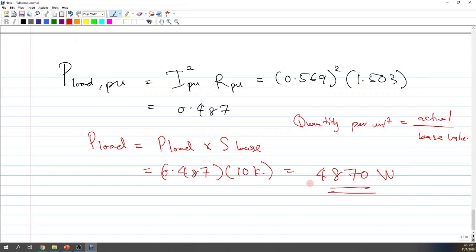Okay, kemudian yang seterusnya dia minta untuk D. Okay, untuk D apa yang dia minta adalah per unit loss in transmission. Okay, dia minta actual lah, actual power loss.